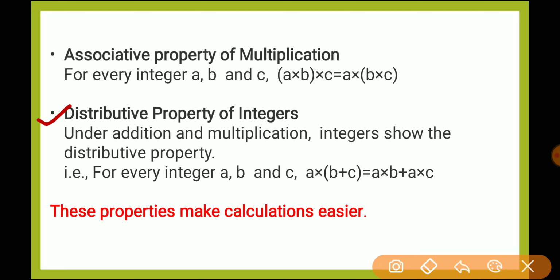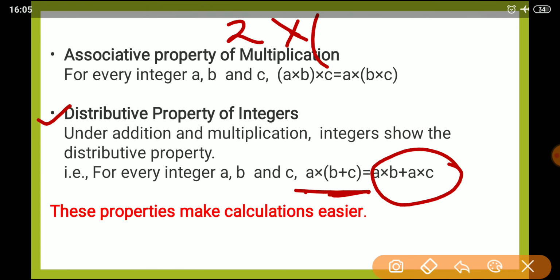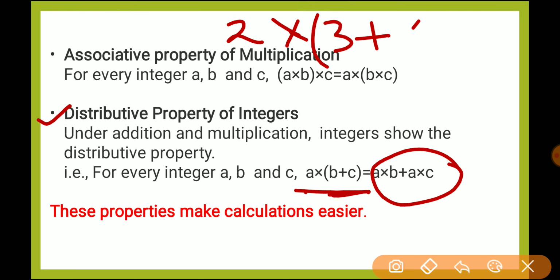Distributive means something we are going to distribute, splitting something. Okay, like the question will be in the form of a into b plus c, then you will split it into a into b plus a into c when you open this bracket. Suppose the number is 2 into 3 plus 4.